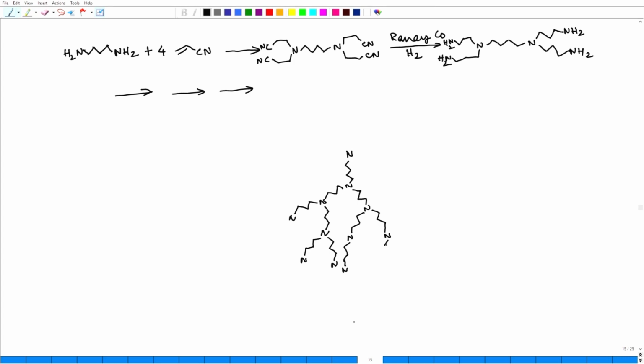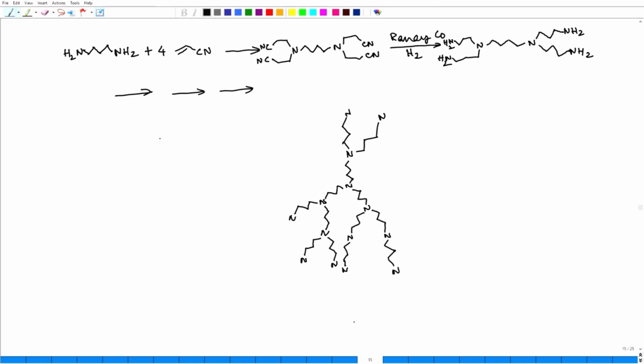Then what will you get if you continue like this on this side also? 1, 2, 3 nitrogen, then again it will go.